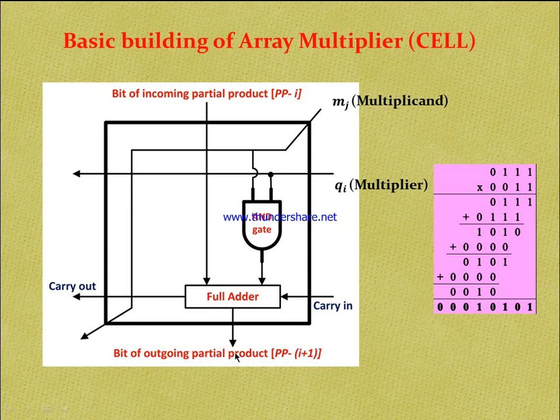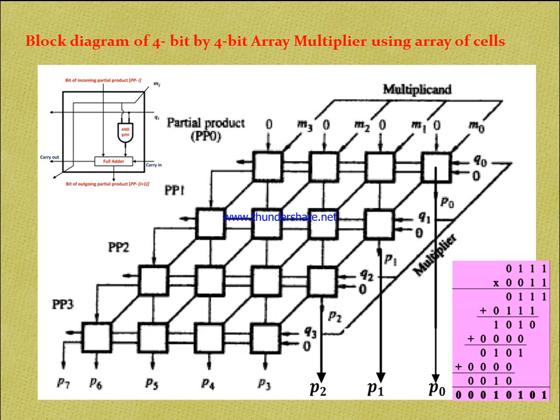Now let's take an example of the complete block diagram of the array multiplier. In this diagram we have to multiply 2 numbers which have 4 digits, the same example, with the help of the cell we just discussed in the last slide.